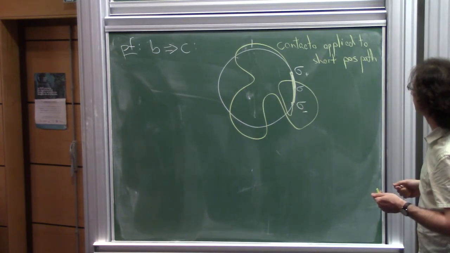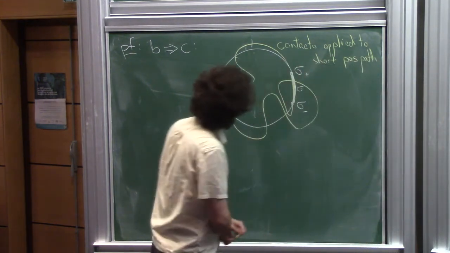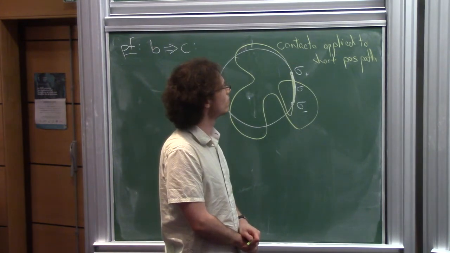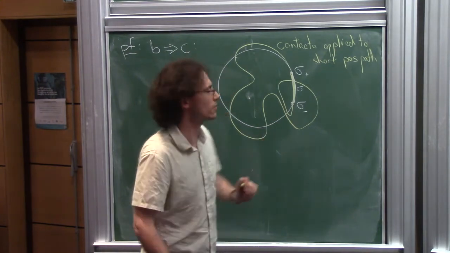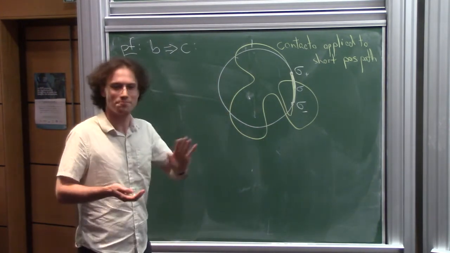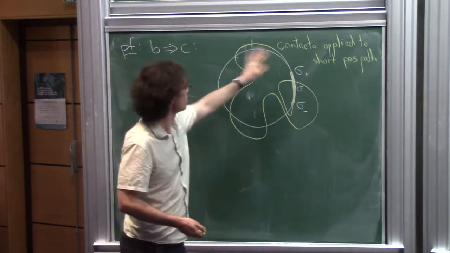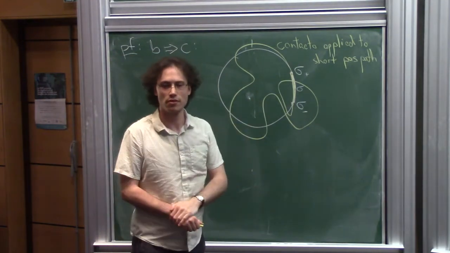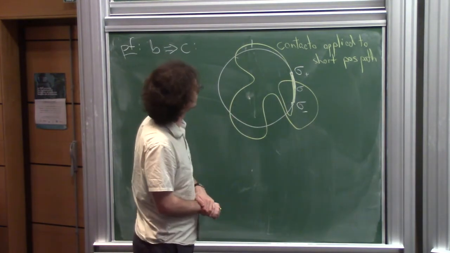Well, maybe it actually just can't intersect sigma. I guess actually there's nothing to say. Okay, you take this short positive path, you apply the contactomorphism, and now you get a positive path from sigma plus to sigma minus.